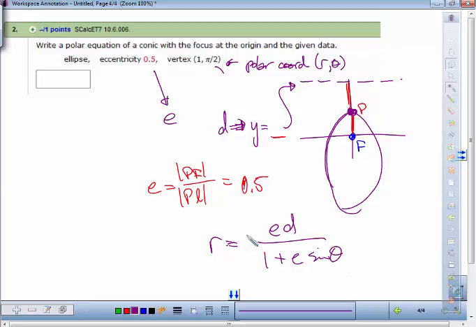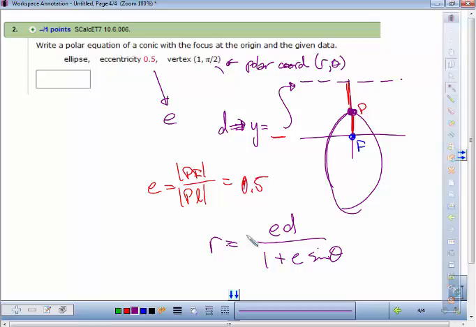And because this is an ellipse opening downward, you probably want to think about this as a 1 plus e sine theta in the denominator. So the vertex is almost like a conic sector or the direction. Yeah, from the focus point, the vertex is going to be the straight line going to the directrix.